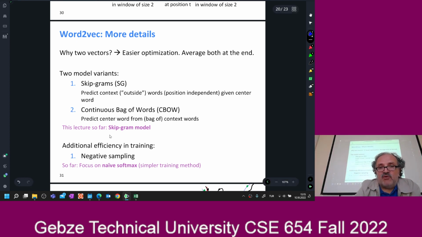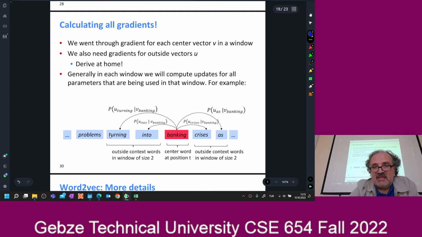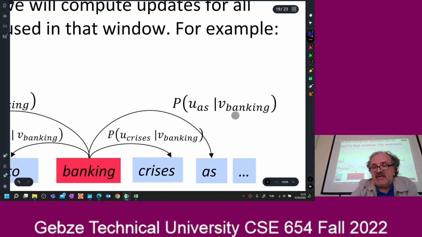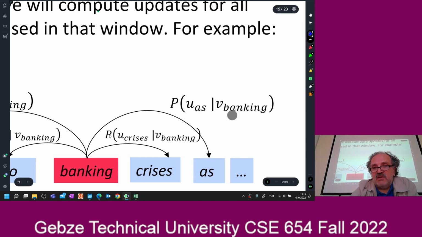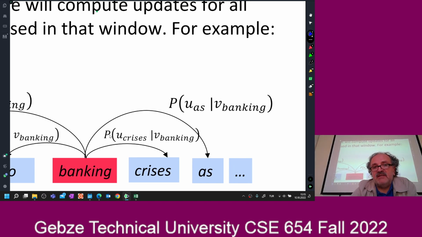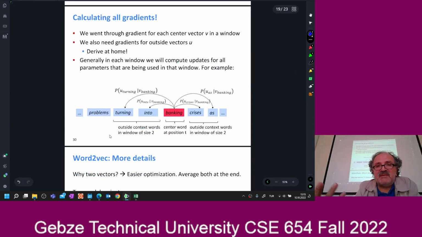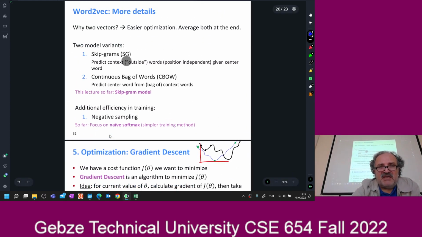Skipgram and continuous bag of words differ only in their probabilities. Instead of U as V banking, you just say U banking V as. So you are changing the arrow directions. That's it. For small data sets, I think skipgram works better. For larger ones, continuous bag of words works better. They were proposed by two different groups, and they work equally well, and they are solved in similar ways.